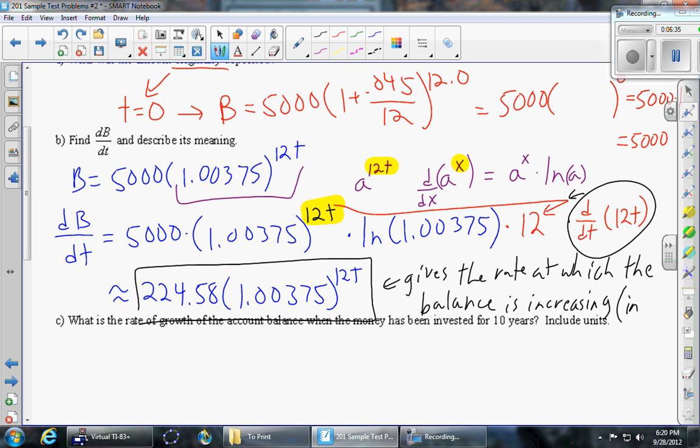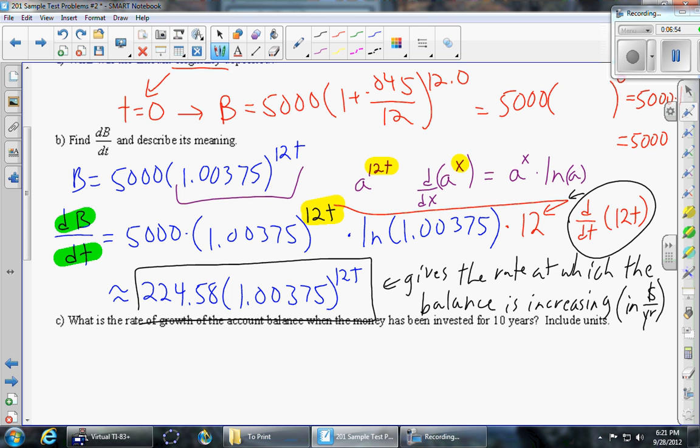Okay, so the units for the derivative are just the units of the upstairs over the units of the downstairs. Upstairs was B, the units for B are dollars. Downstairs was T, units for T were years. I know it's compounded monthly, but T was measured in years.